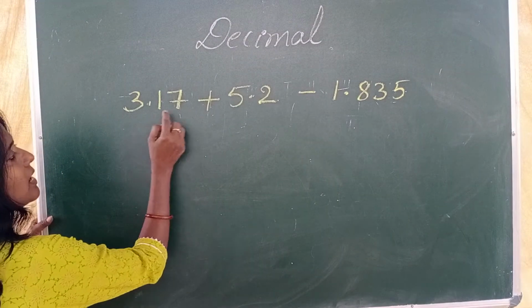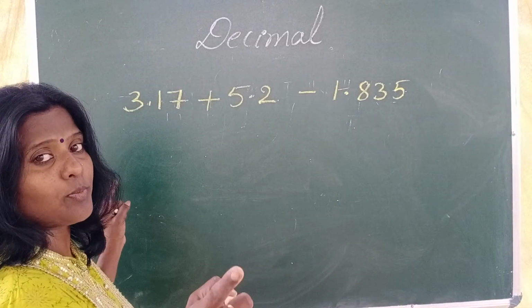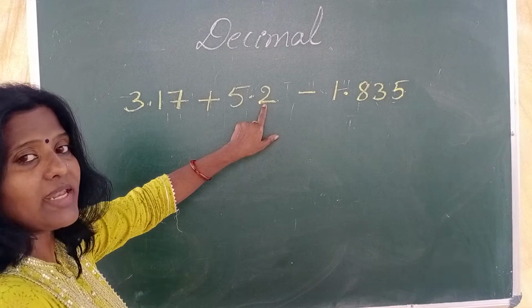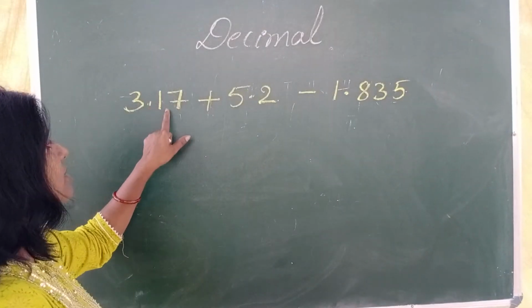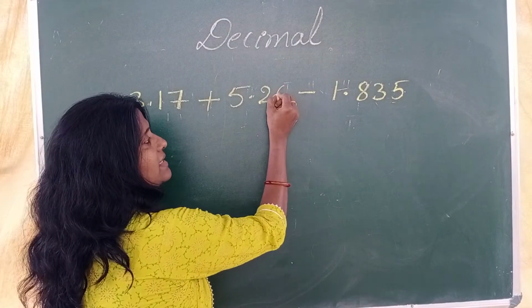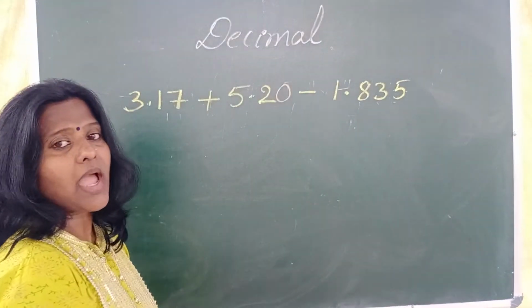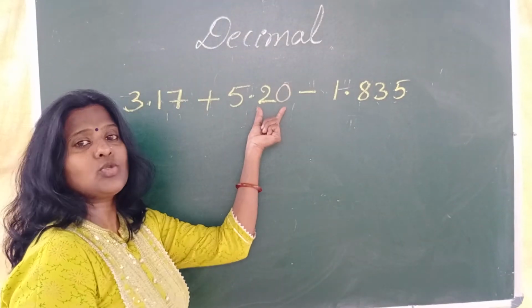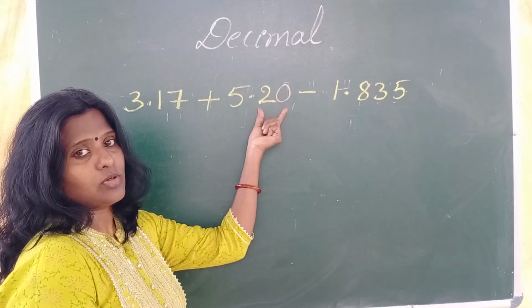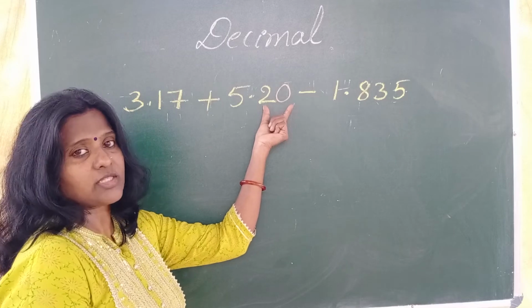Before adding you have to make them like decimals. Here after the decimal only one number is there, but here two numbers are there. So by taking one zero, I have converted it to two decimal places. But there is no change in the value.